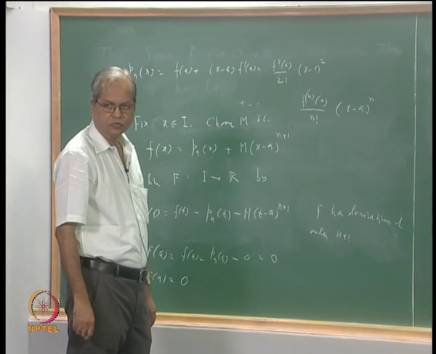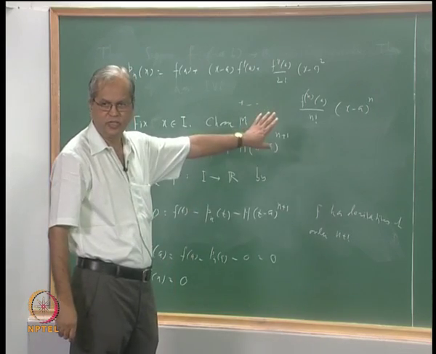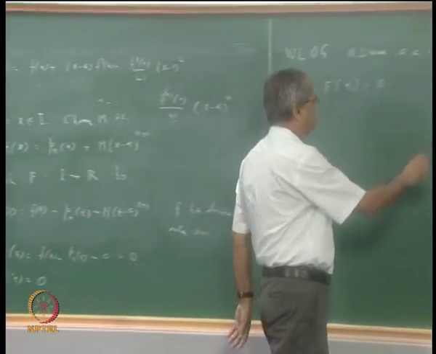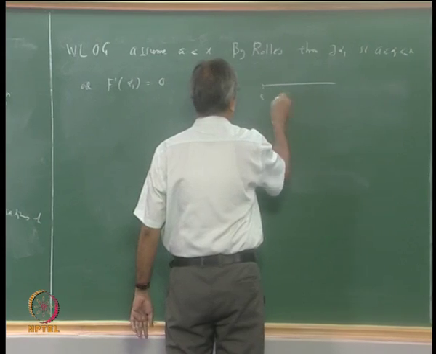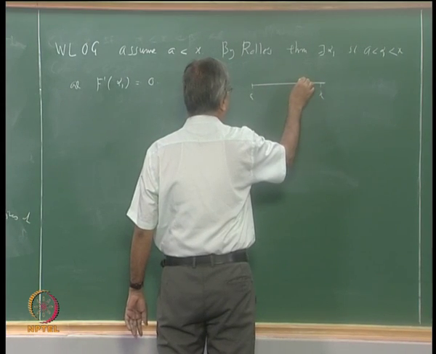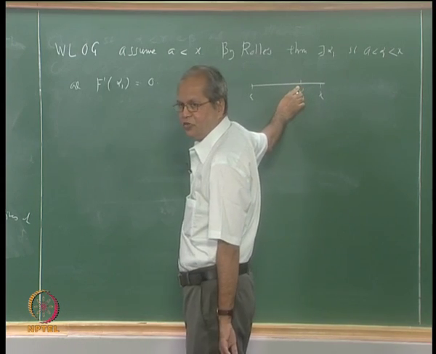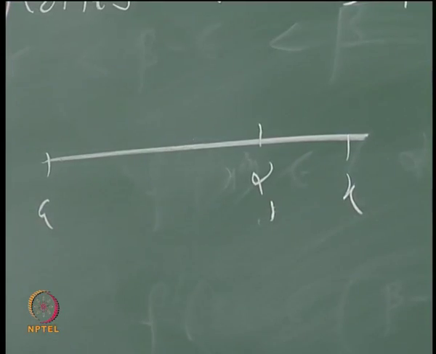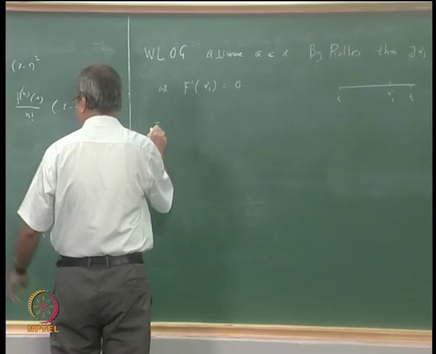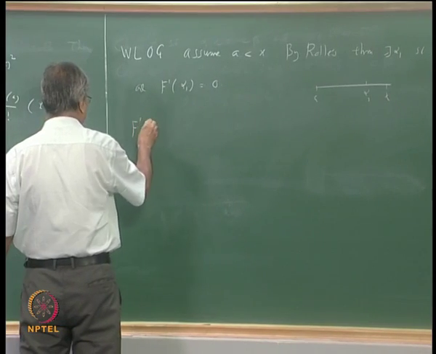Now let us go once more. Is this clear? Let us say this is the interval a to x. We have found some point alpha 1 such that at this point big F prime at alpha 1 is 0. Now you look at the function big F prime. So what is big F prime? Big F of t is given there, so differentiate that.